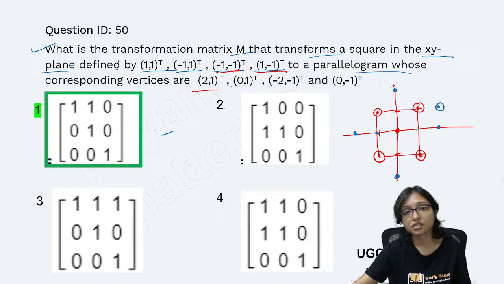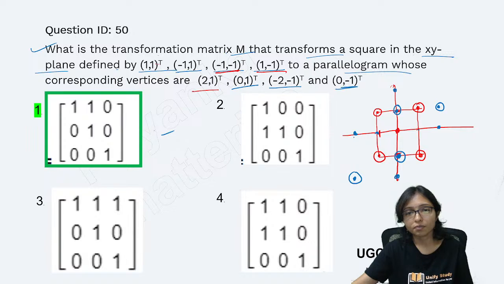This is one point. 0 1 means this is another point. 0 1 means it is here. Another one is minus 2 minus 1, here, and another one is 0 minus 1. So 0 minus 1 is here.